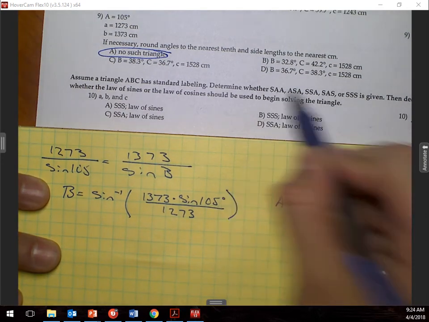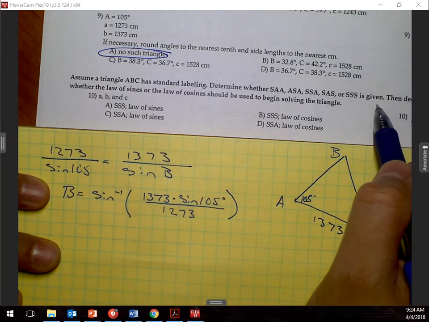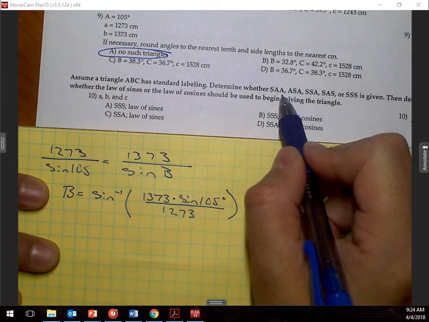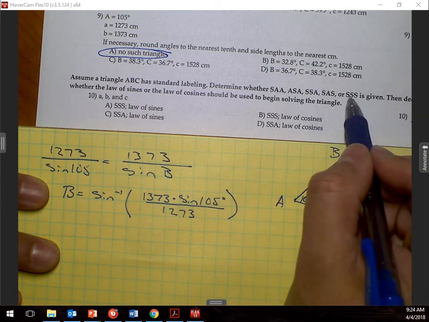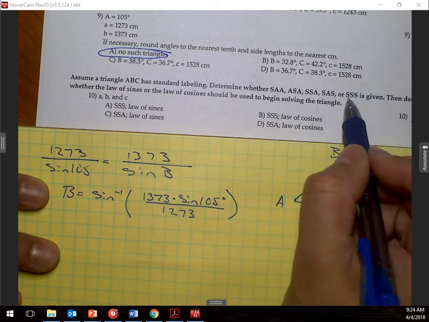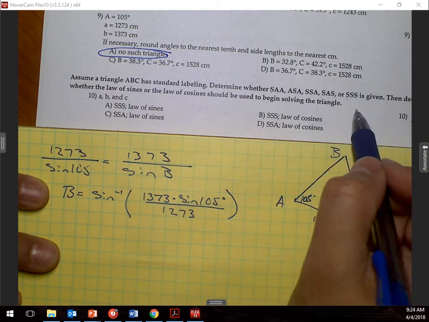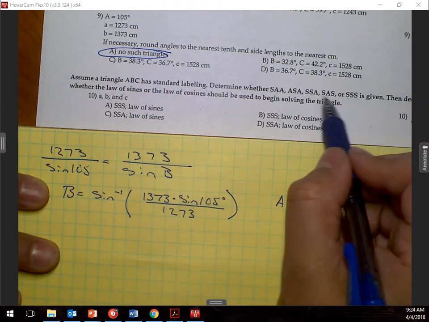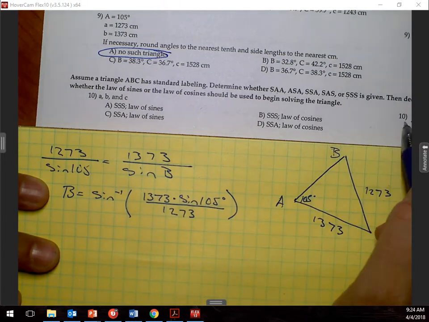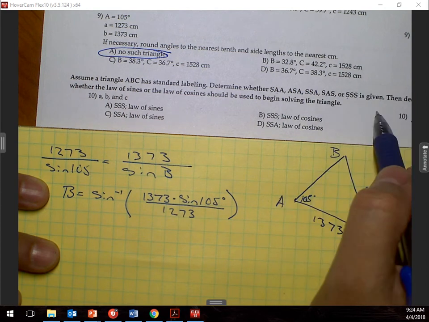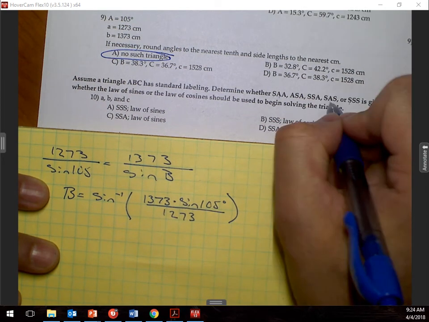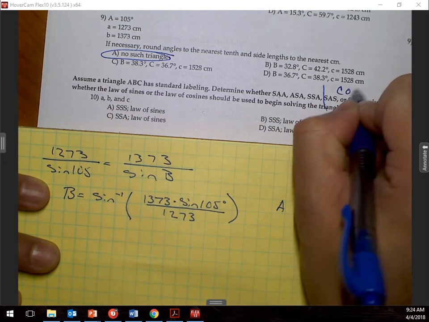So side, angle, angle. What law do we use there? Actually, even better. Side, side, side. What law do I use there? Cosine. Side, angle, side is SAS, which uses cosine.